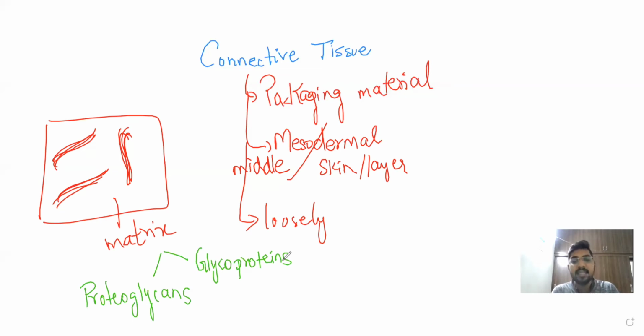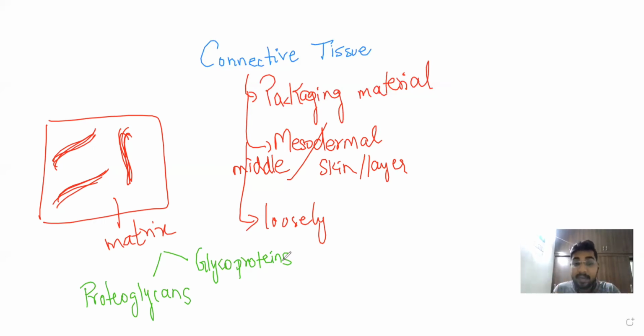Proteo means protein, glyco means carbohydrate. So they are protein carbohydrate complexes. A protein molecule and a carbohydrate molecule are linked. They form a bond or a complex.